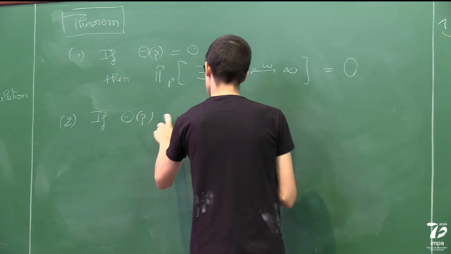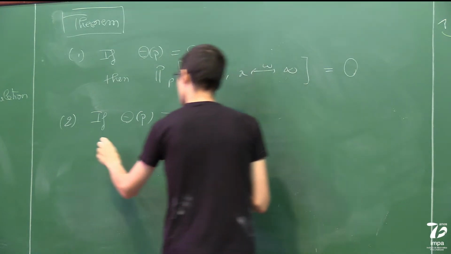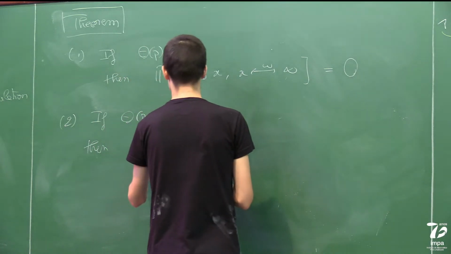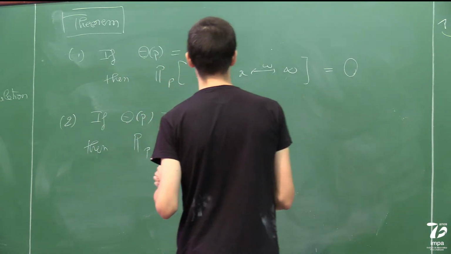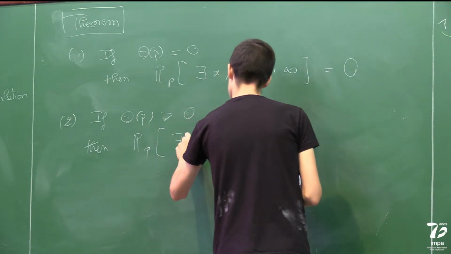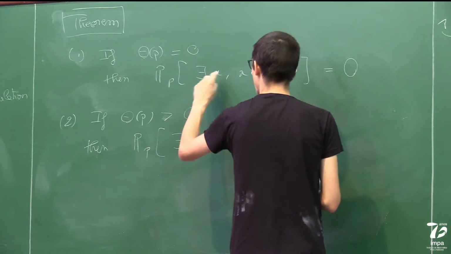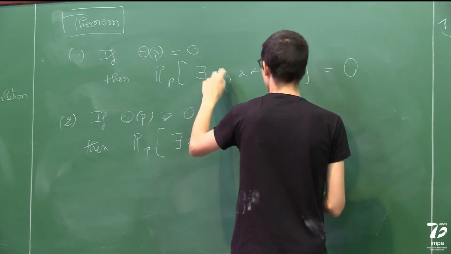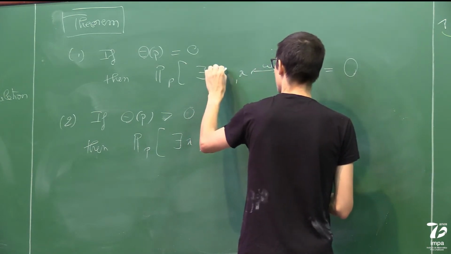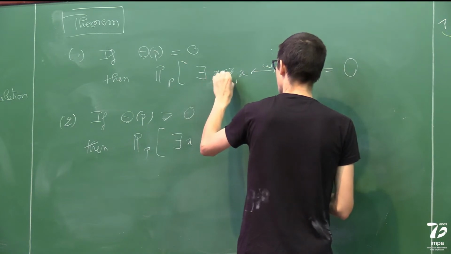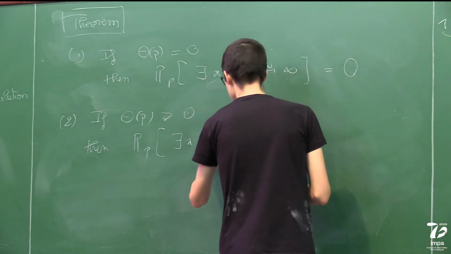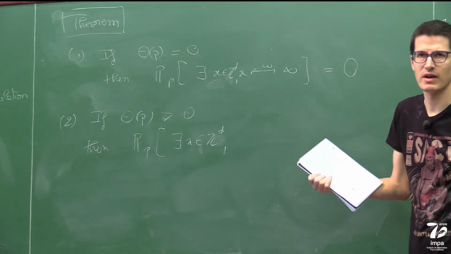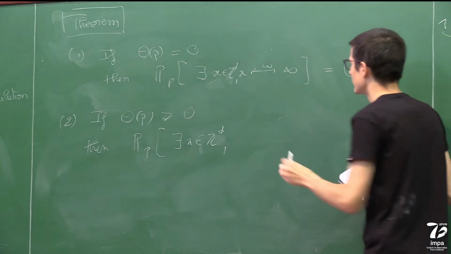If theta p is positive, then the probability that there exists x in V such that x is connected to infinity is equal to 1. I will write ZD, but this is valid for any periodic infinite graph.